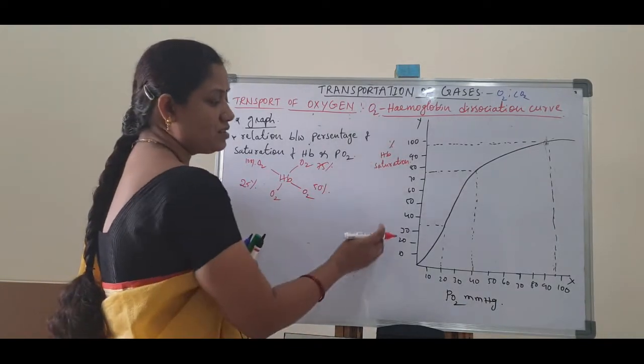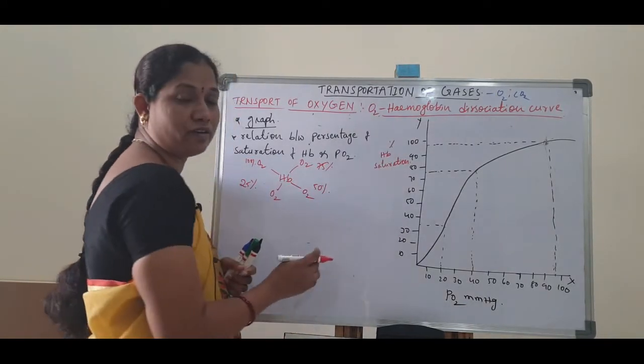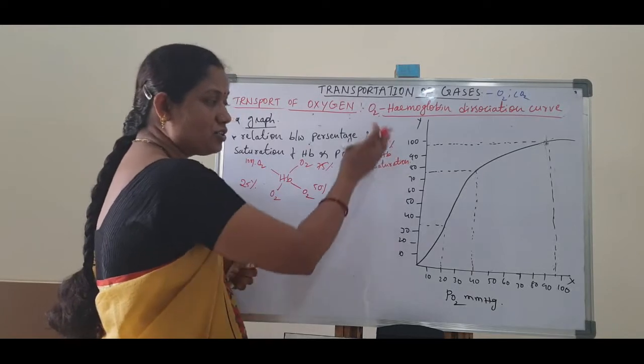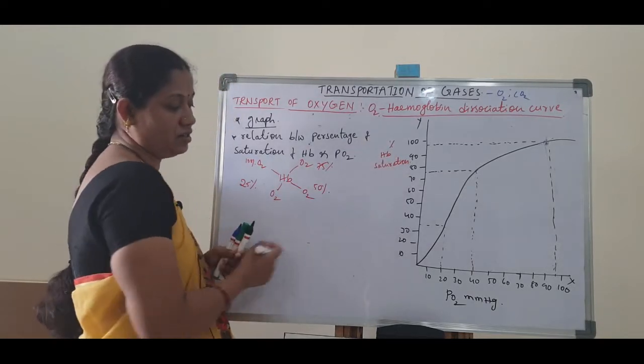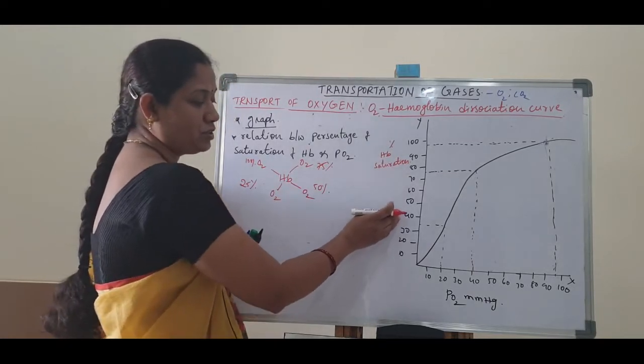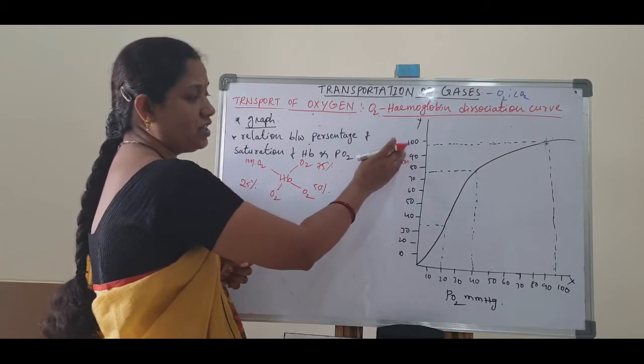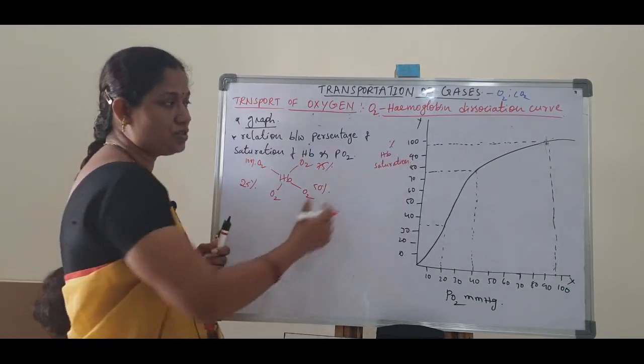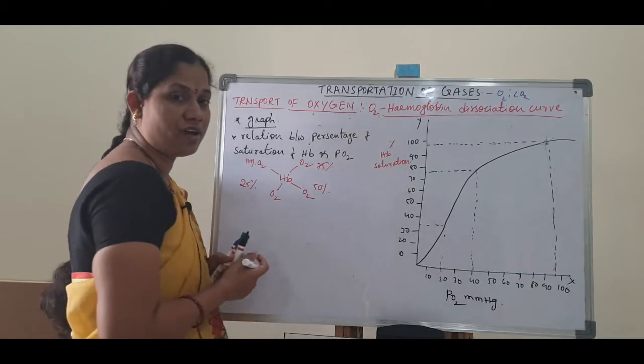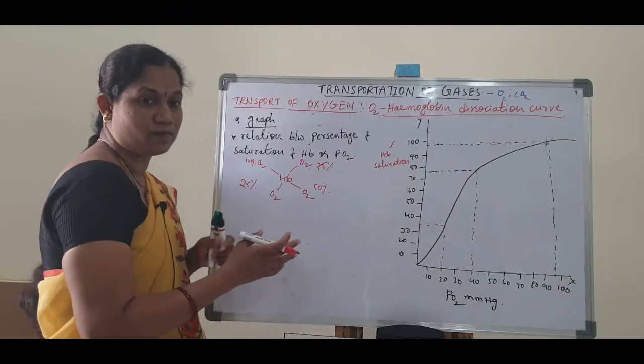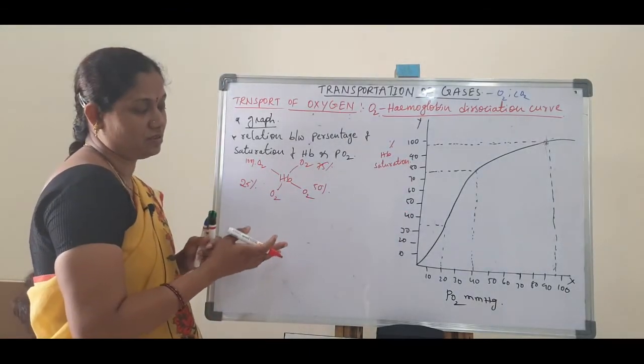Next, on the y axis we have taken the percentage of hemoglobin saturation: 10%, 20%, 30%, 40, 50, 60, 70, 80, 90, 100%. So these explain the saturation capacity.